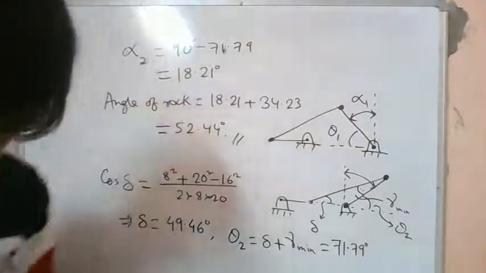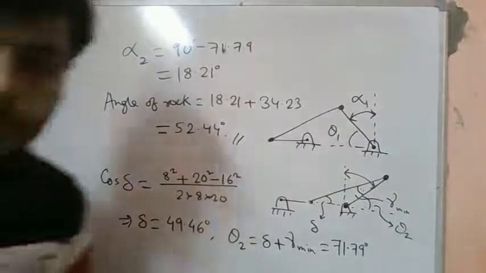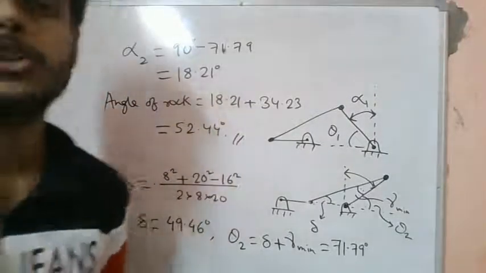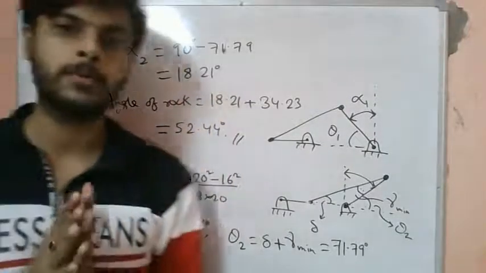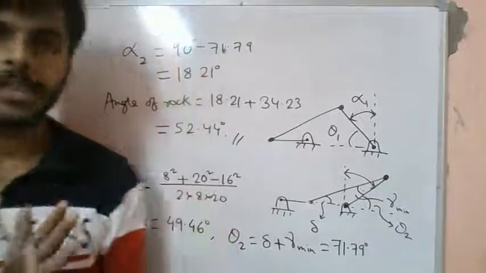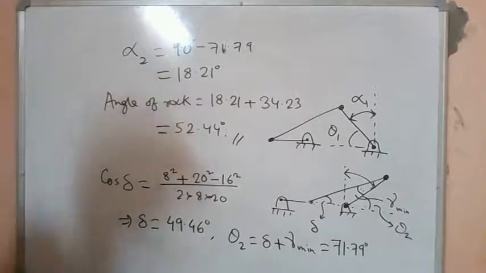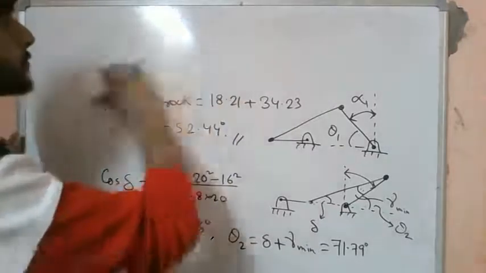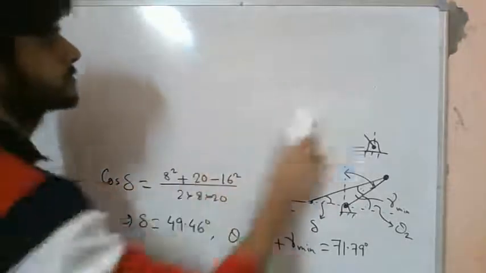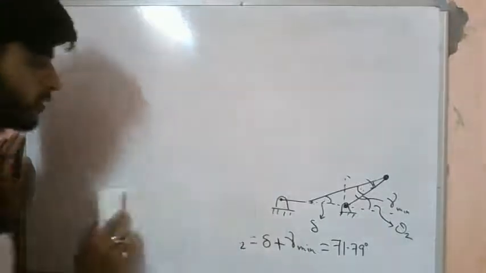So now let's look at a different mechanism, a different chain of mechanisms. Instead of a 4R mechanism, now let's say we have a 3R 1P mechanism, which we call the slider crank chain. So we will consider the slider crank chain.